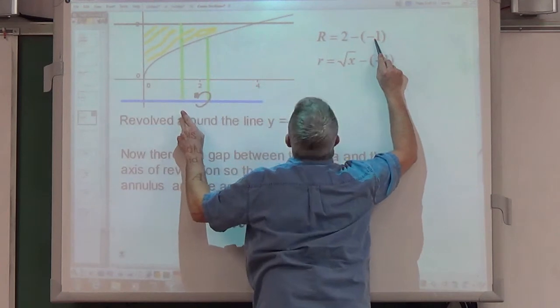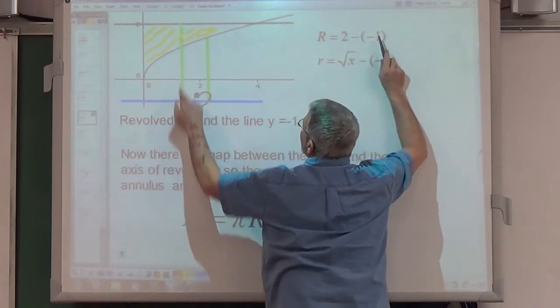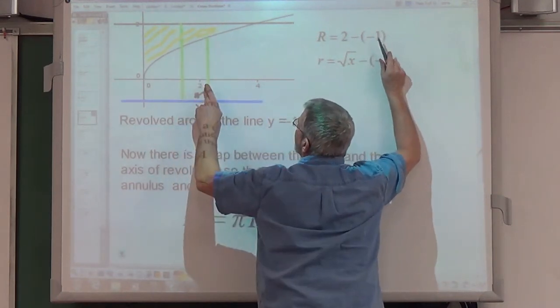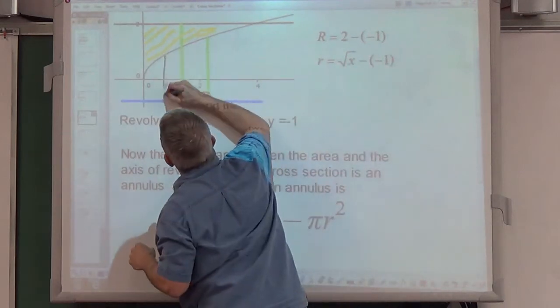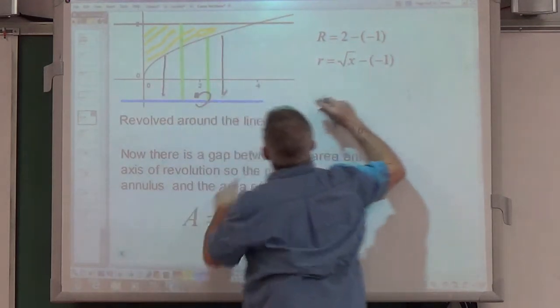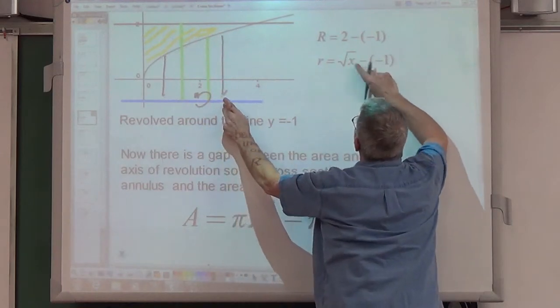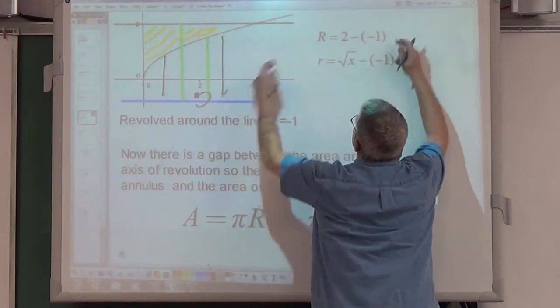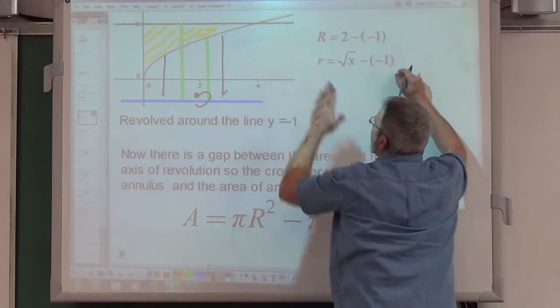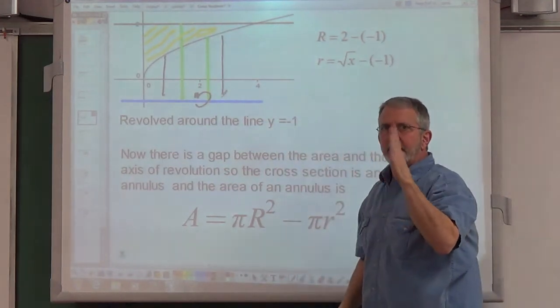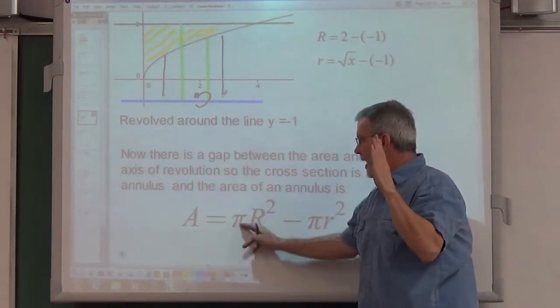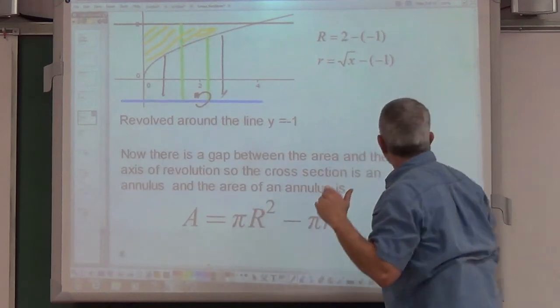That's the vertical distance, 2 minus -1. Little r, which is this distance, or this distance, is the square root of x minus the bottom, which is square root of x minus -1. Big R, little r. Cross-section, annulus: pi big R squared minus pi little r squared.